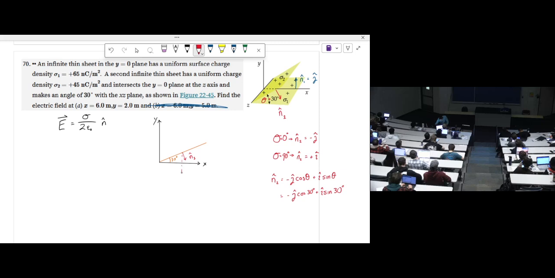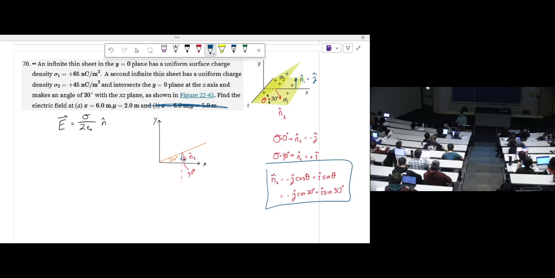Then I want to draw this out such that this angle right here is also 30 degrees. And now you can find the x and y components of that. So I want to find the y component of it and the x component of it. And that will give you this same result right here. Okay?